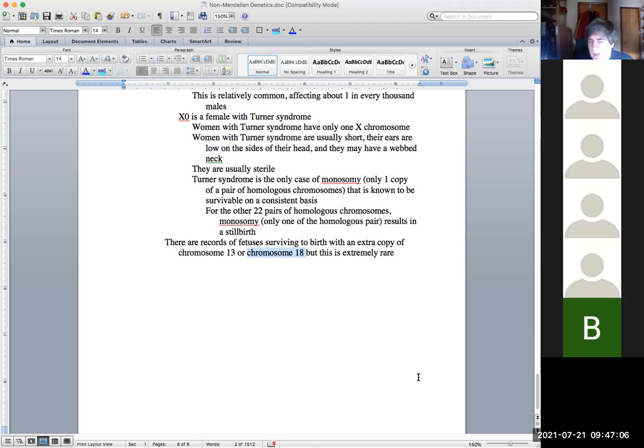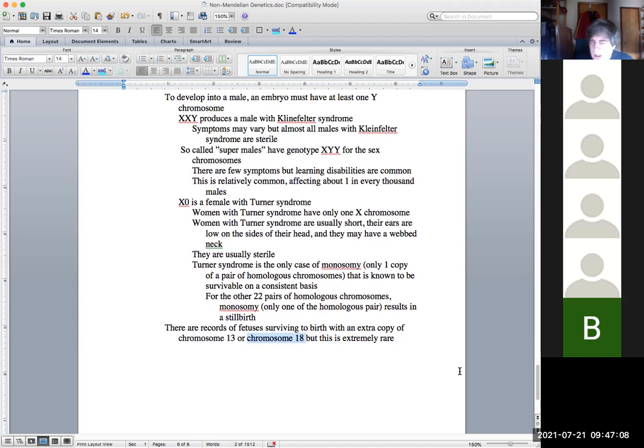And notice if you think about some of the exceptions, trisomy 21, remember what we said, chromosome pair 21 is actually the smallest pair of chromosomes. So there seems to be some problem with getting extra copies of a lot of genes. Since chromosome 21 is relatively small, it doesn't have that many genes on it.